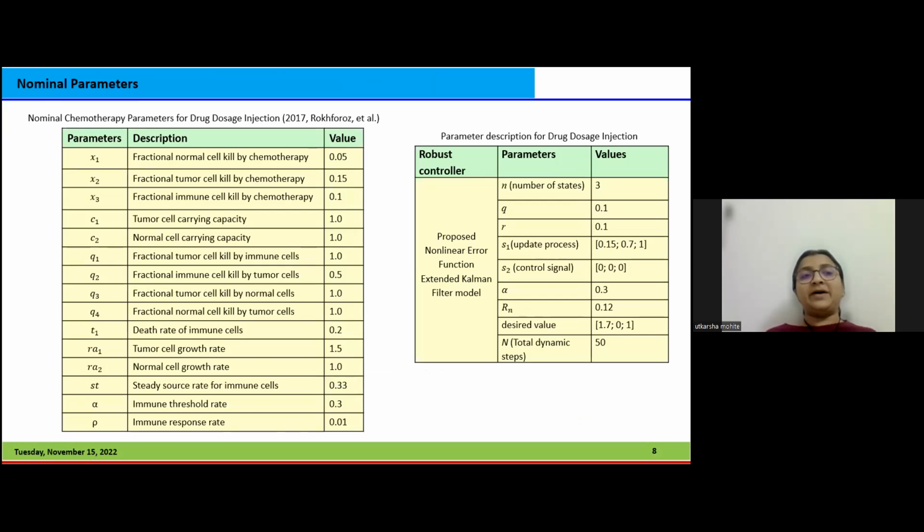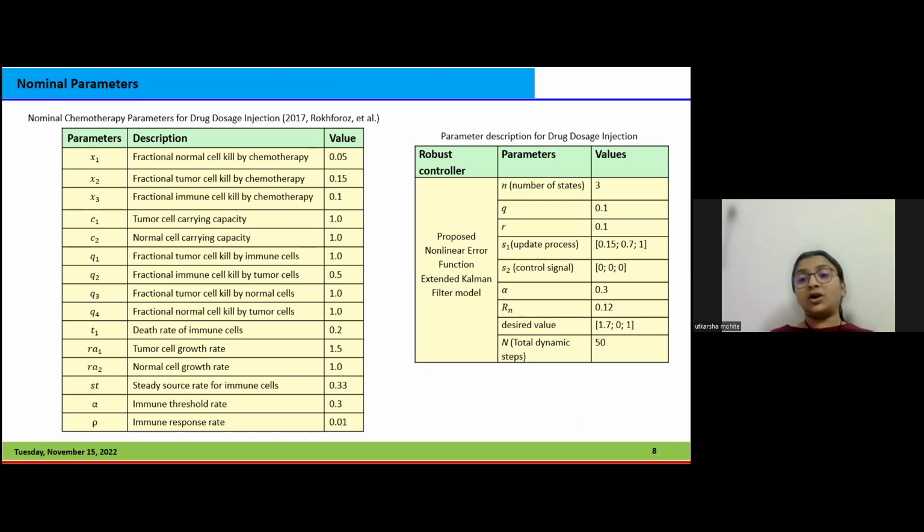These are the nominal parameters which we have considered: the fractions of normal cells, tumor cells, and immune cells, the fraction of tumor cells killed by immune cells, and immune cells killed by tumor cells. All the parameters considered in the in vivo experiment were observed with respect to the robust controller.